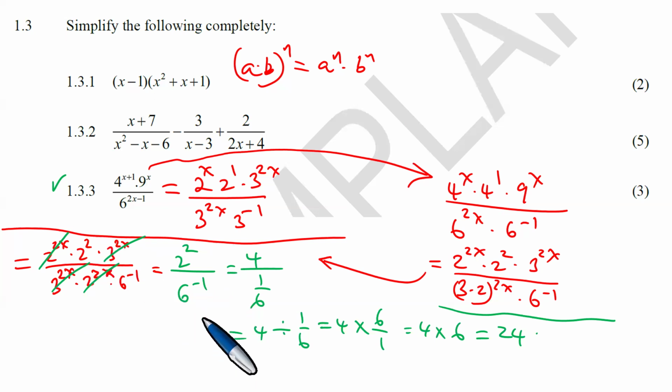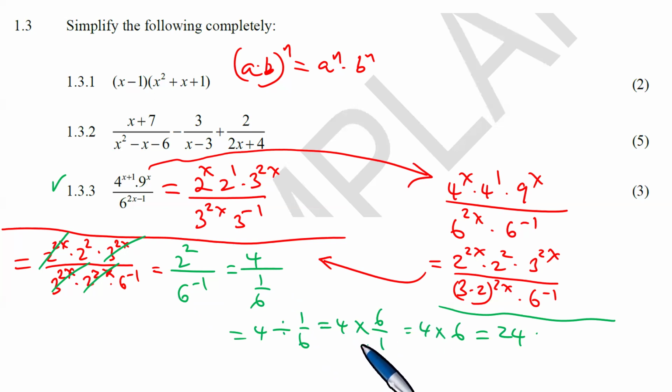The 2 squared and the 6 to the power minus 1. They did not cancel. And then 2 squared is what? 2 squared is a 4. And then 6 to the power minus 1 is what? It's 1 over 6. But now, if you say 4 divided by 1 over 6, you can write it like this: 4 divided by 1 over 6, which is the same as 4 times 6 over 1.